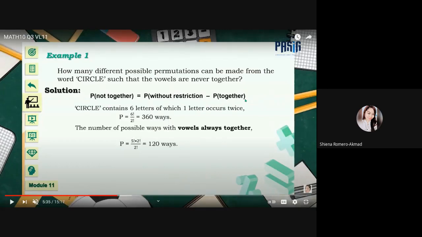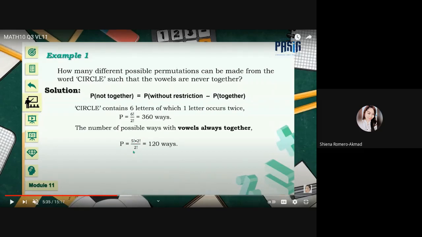Then why did we multiply by 2 factorial? It is because the two vowels can swap places. So originally, it is just 5 factorial divided by 2 factorial. Why? Because we consider the 2 vowels together as one, so 1, 2, 3, 4, 5. That's 5 factorial.